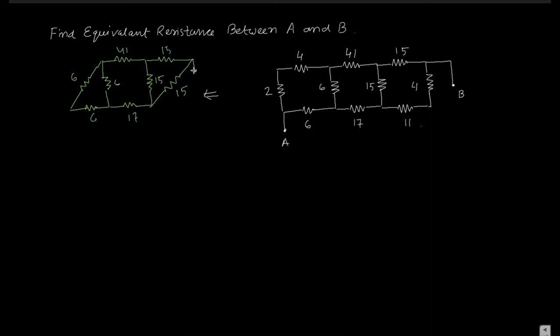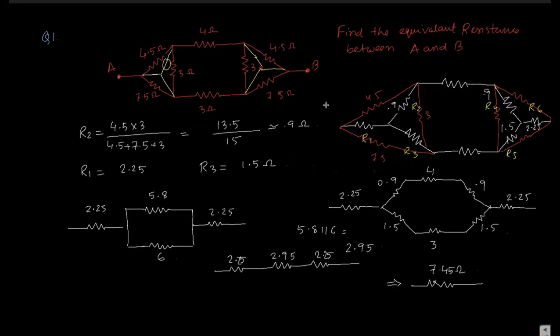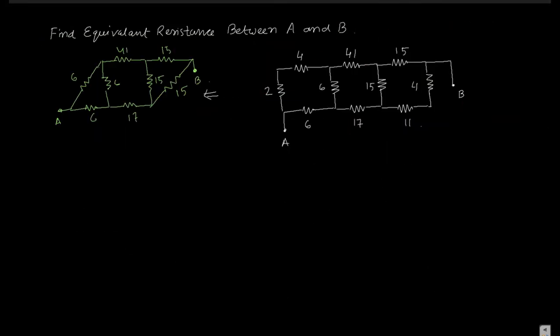Now this is your point B, this is your point A. Now can you solve this circuit? So now this circuit becomes like the one I have discussed previously. The circuit is like this. Okay, so this is your assignment.